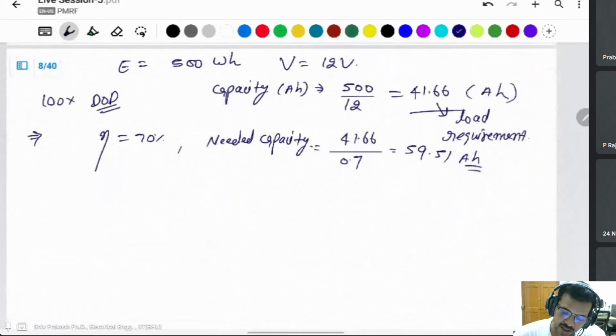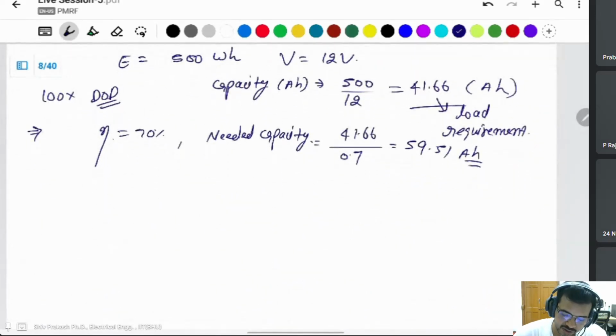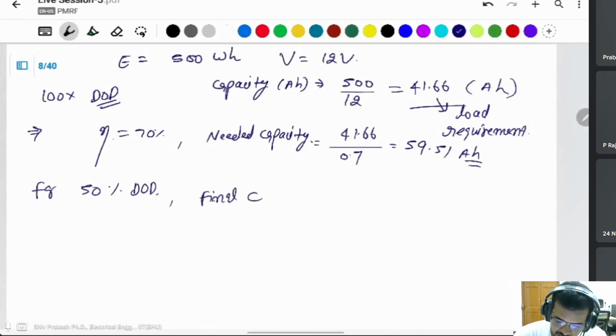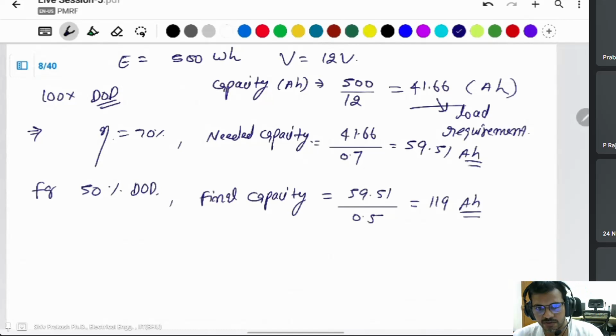It means you should use double of this one. For 50% DOD, what is the final capacity? 119 AH approximately.